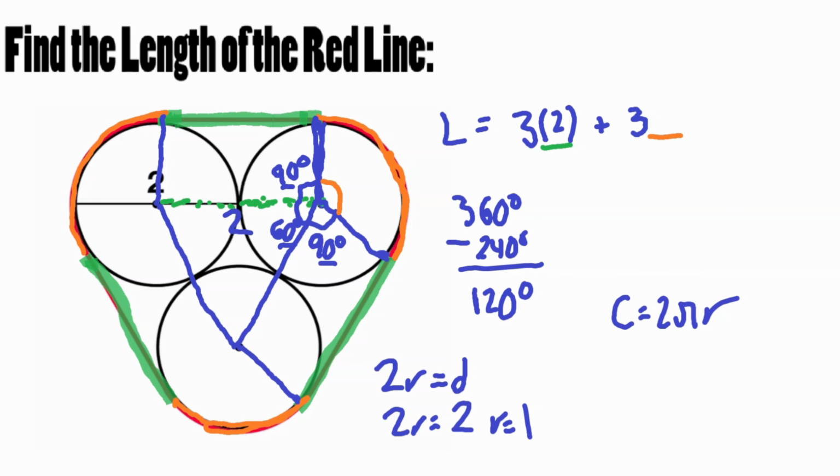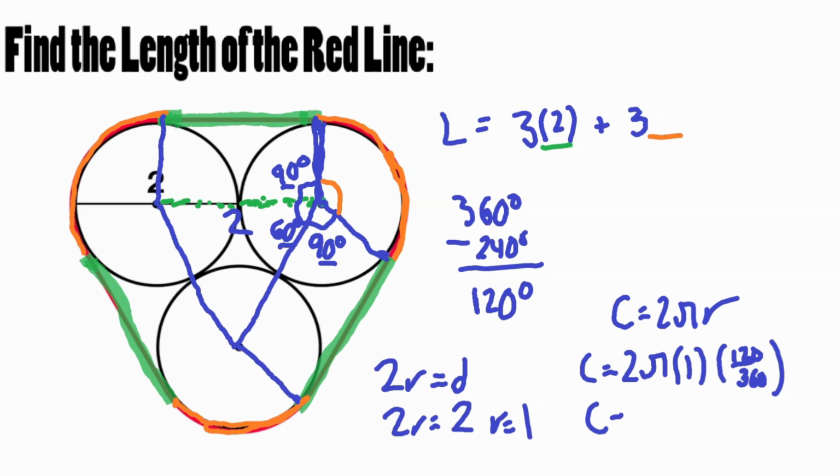We already found r is equal to 1. But we also need to keep in mind that we are not looking for the whole circle's circumference, but the 120 degrees of the circle. So we're going to do 120 degrees over 360, which, as I mentioned before, simplified is equal to 1/3.